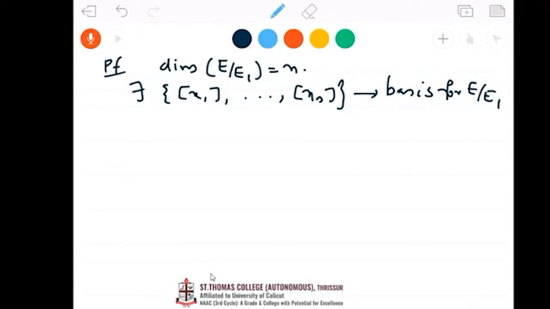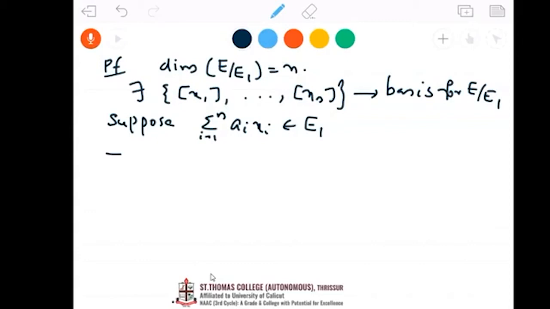For that I am taking, suppose summation i equal to 1 to n aixi is in E1. So if this is in E1, the coset corresponding to this element is E1, meaning class 0.